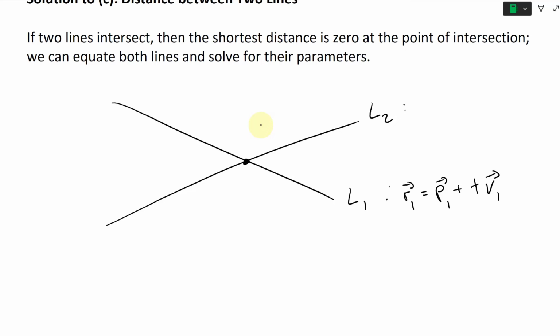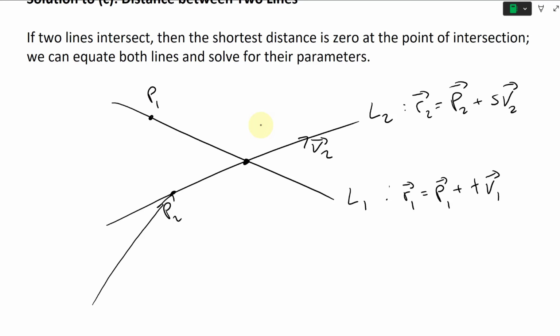Then this one here, the formula would be R2 equals P2 vector plus s parameter times V2 vector. And again, the direction vector is V2. Let's say it has a point on it; the starting point is going to be our P2. This is point P1 on it, and the vector is just going from the origin to this, that'll be P2 like that. I'll just draw it for completeness. So again, if you have our x, y, z axes like that.